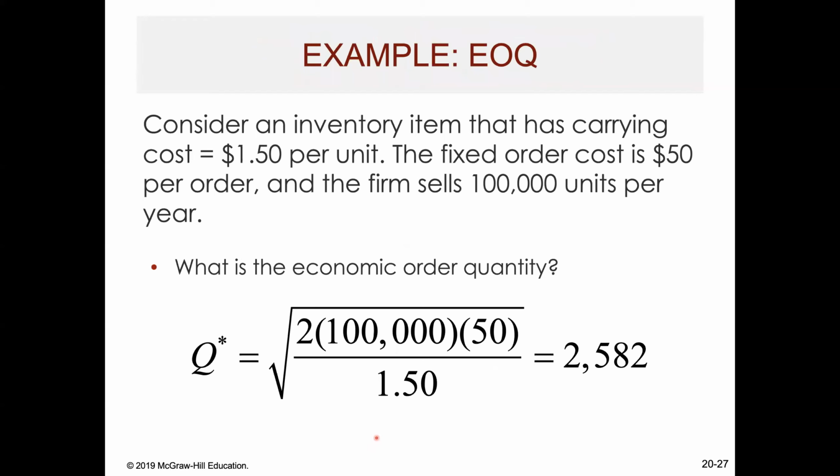Okay, so let's look at an example. Consider an inventory item that has carrying costs of $1.50 per unit. So CC is $1.50. The fixed order cost is $50 per order, and the firm sells 100,000 units per year. So what is the economic order quantity?